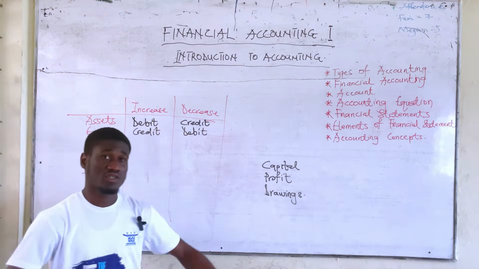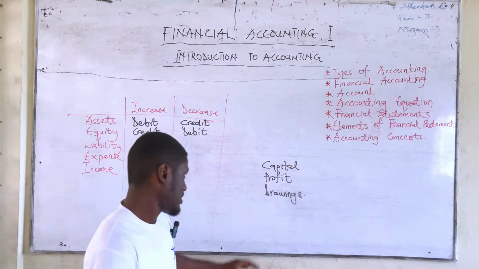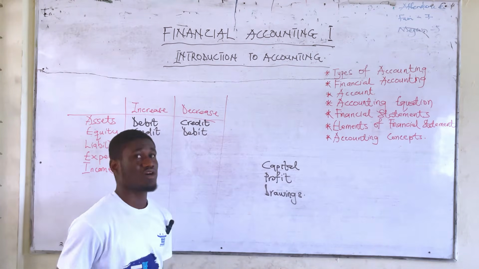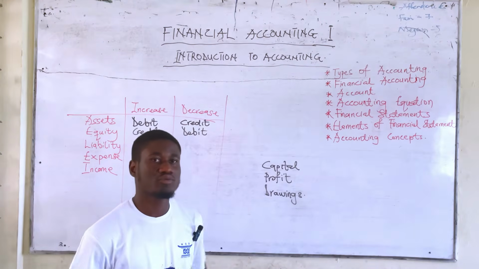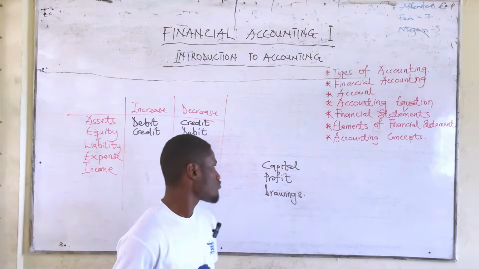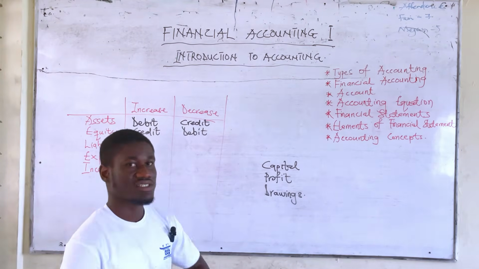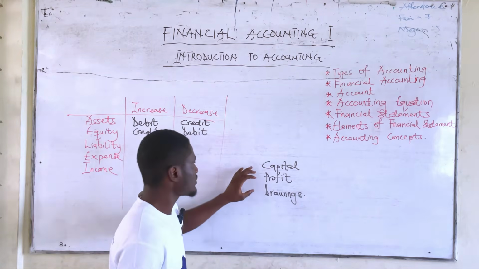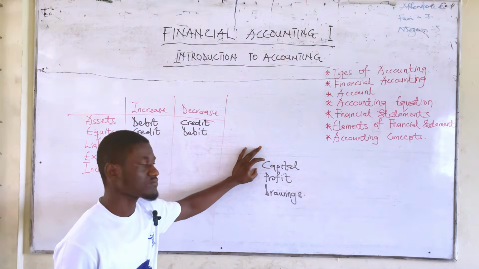Now we've introduced money into the business and we are operating our day-to-day business. We've gotten profit out of the money we introduced into the business. It will add up to our capital. Do you get it? The profit adds up to the capital. Good.